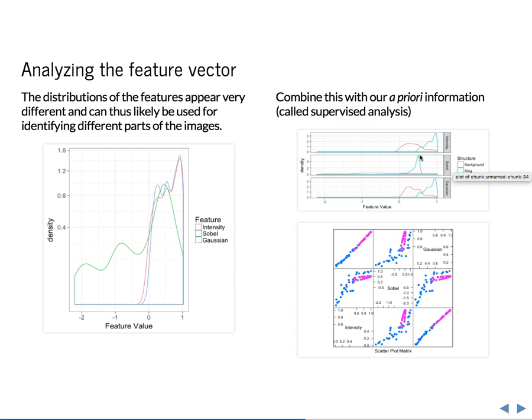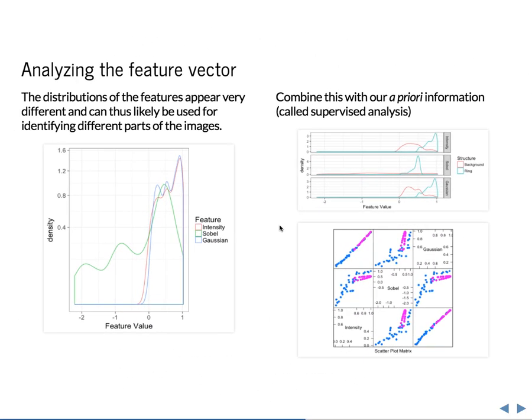Here the pink points are part of the ring and the blue points are not. If we just picked any one feature, like intensity or Gaussian, they don't give us that much information. But if we include Sobel as well, we start to see a region that is very distinct from the other groups.